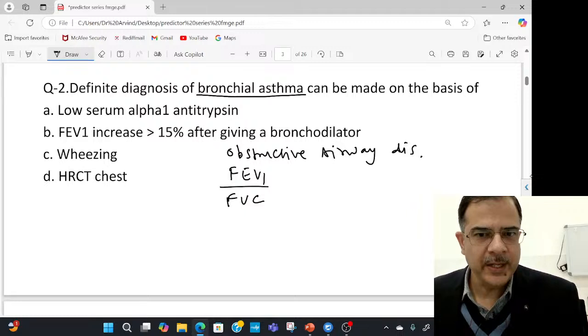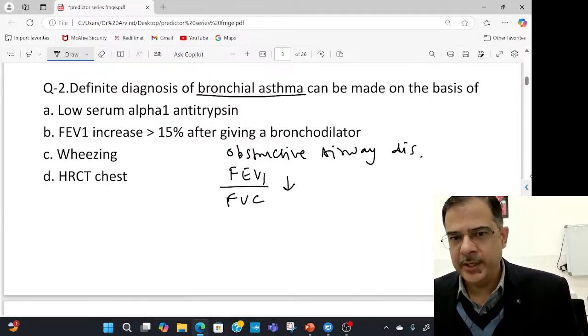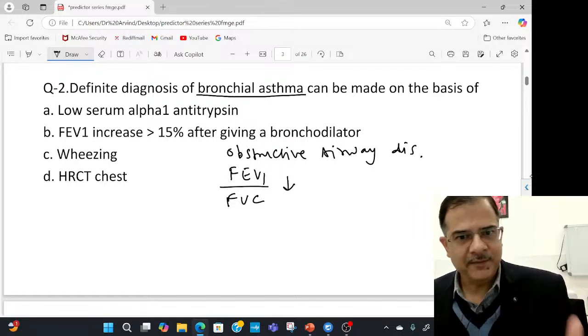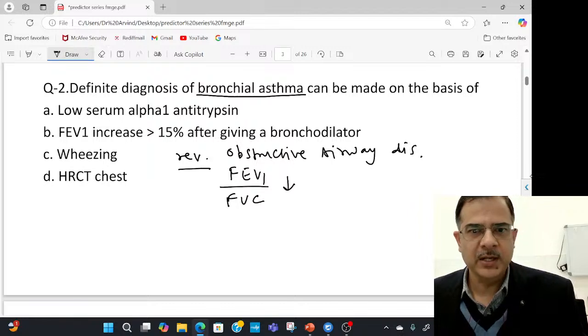That ratio will be low, the ratio is reduced, and this will tell us that it is an obstructive disease, and whether it is a reversible airway disease. Reversible obstructive airway disease is bronchial asthma, the reversible component.